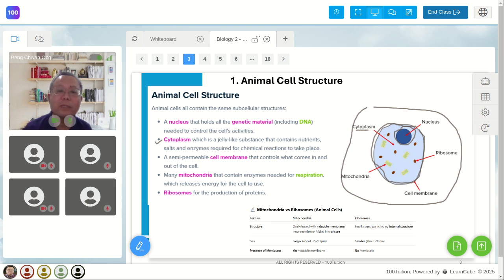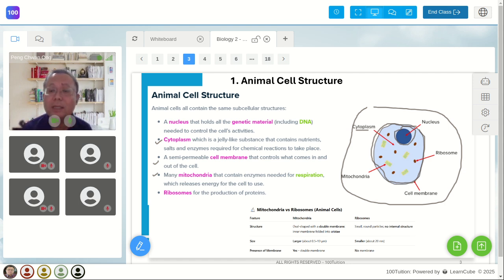We've gone through the cell membrane already. And then we see there's this structure called the mitochondria. Sorry, it's quite a tongue twister.